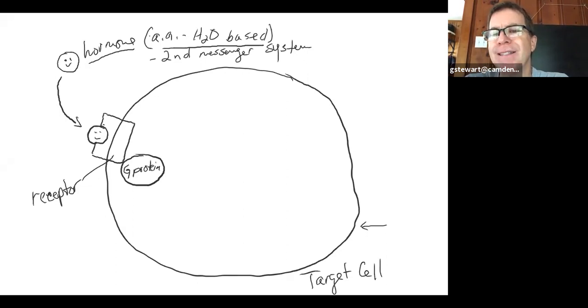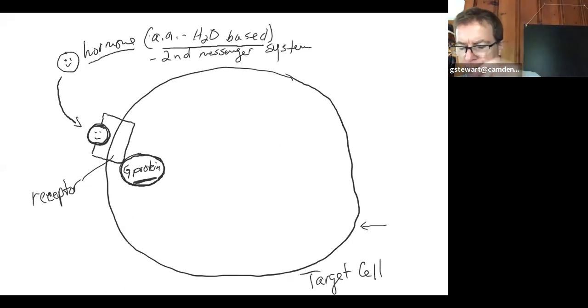So on the inside of the cell, the interior of the cell, this G protein is physically coupled with the receptor. And when the hormone binds to the receptor, it activates this G protein. Usually in G protein activation, the G protein is inactive when GDP, the diphosphate, is bound to it.